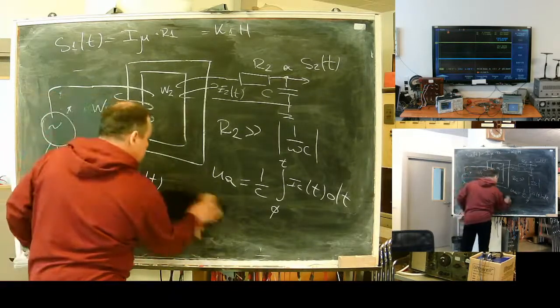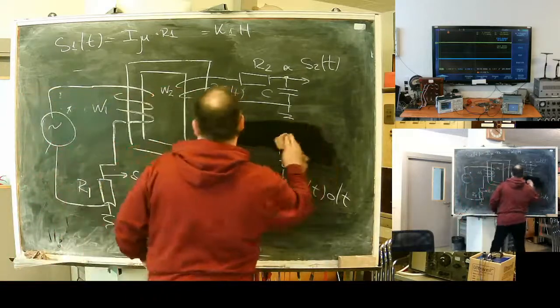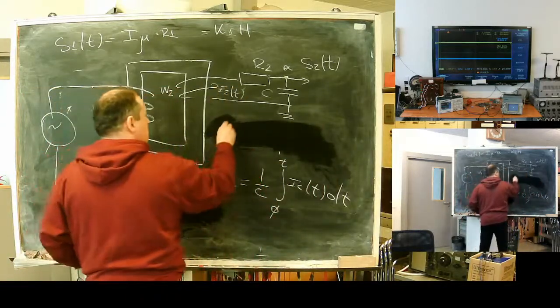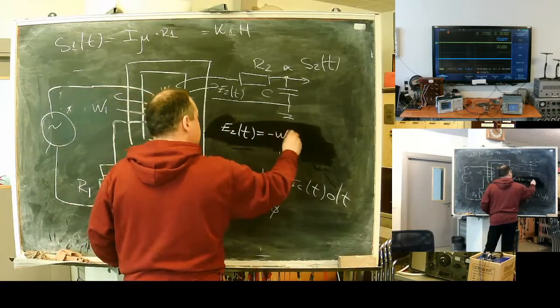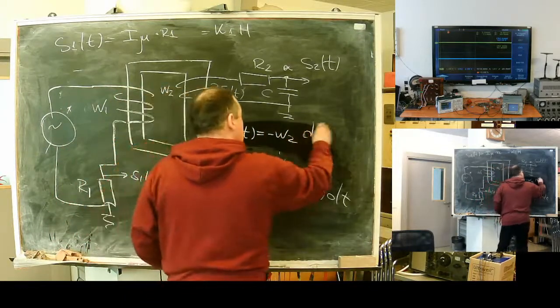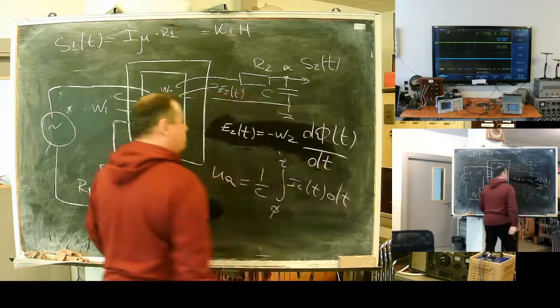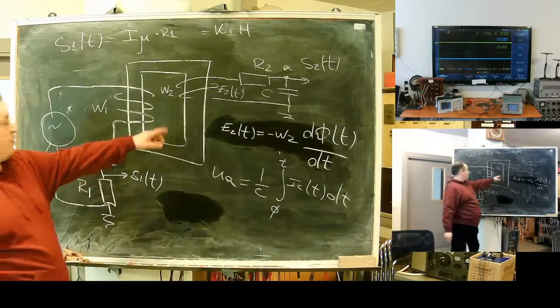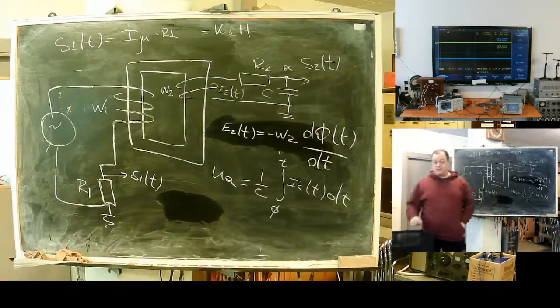I need to clear some space. As a function of time, it will be minus the number of turns multiplied by the first derivative of the flux.